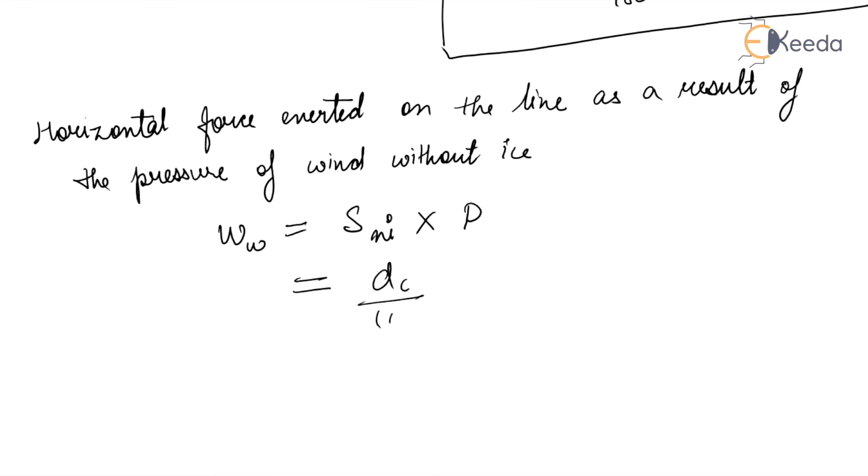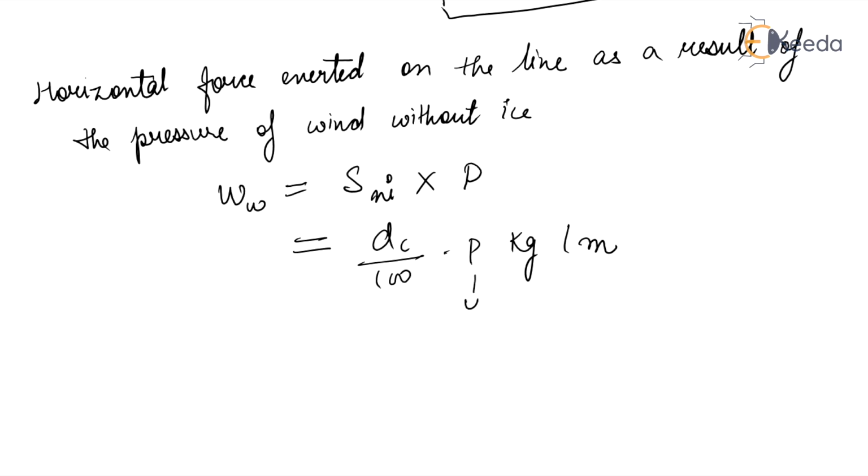So it is DC upon 100 into P kg per meter, where P is the wind pressure.